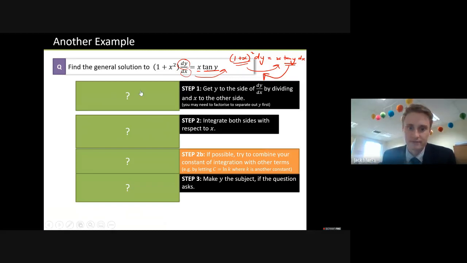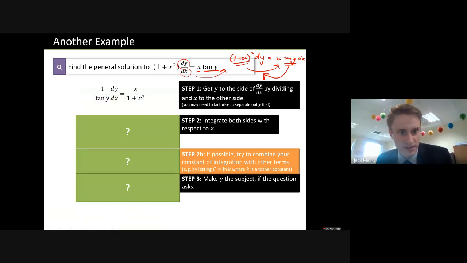So if you do all of that, you will end up with this one here. You could write cot y if you want to, but you don't have to do that. And then when we are in this position here, we will be able to integrate. Okay, so we separate them and then we integrate.